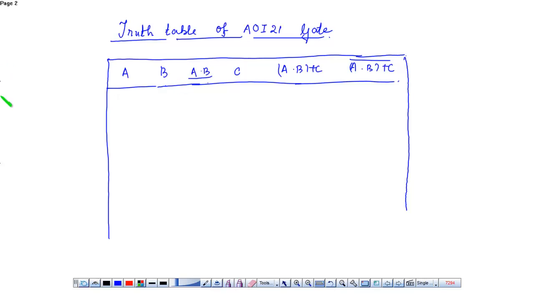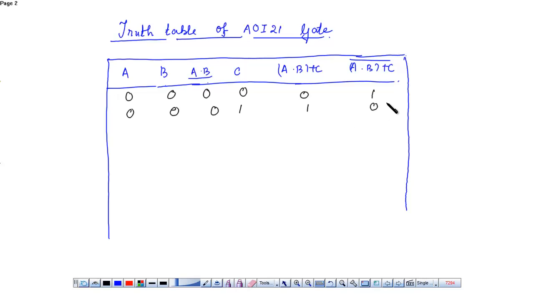Now inputs are 0, 0, 0. A dot B is 0. A dot B plus C is 0. The output is 1. When it's 0, 0, 1, A dot B is 0. A dot B plus C is 1.